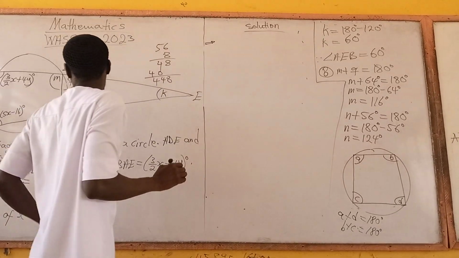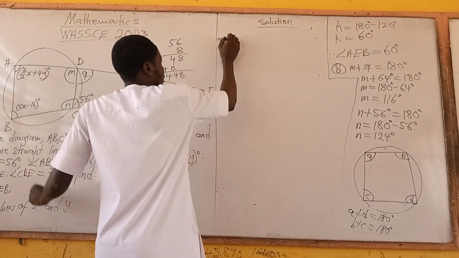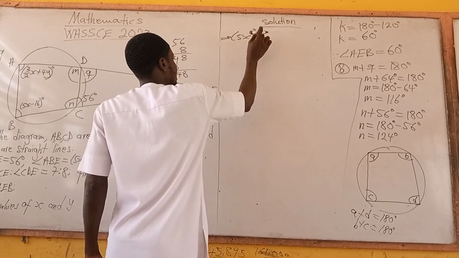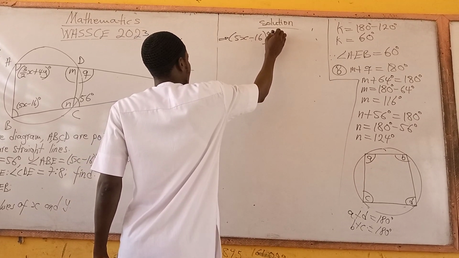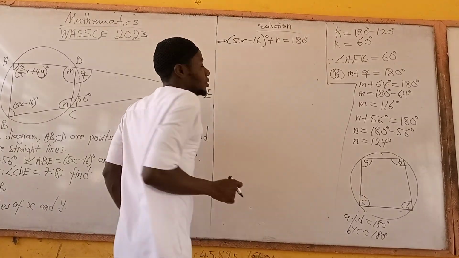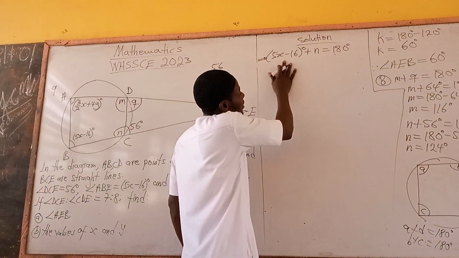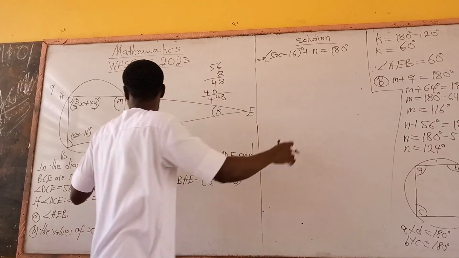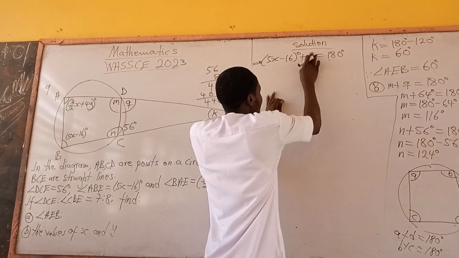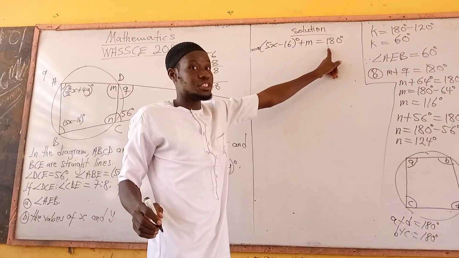this implies this angle 5x minus 16 degrees plus our angle M should be equal to 180 degrees. Sorry, it is M. So this angle plus M should be equal to 180 degrees.